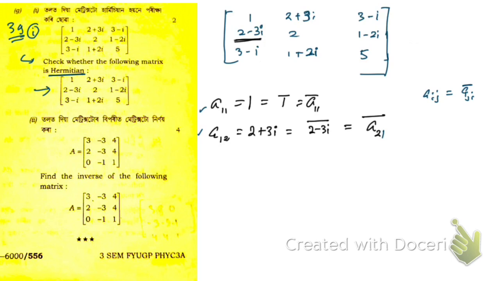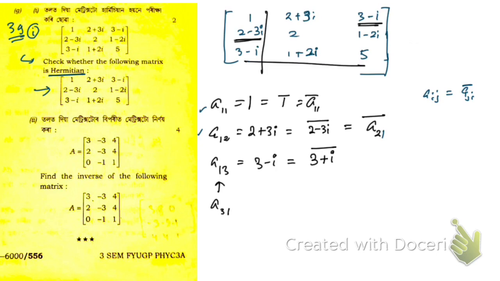Now let us consider the element a13, the element of the first row and third column. This is 3 minus i.